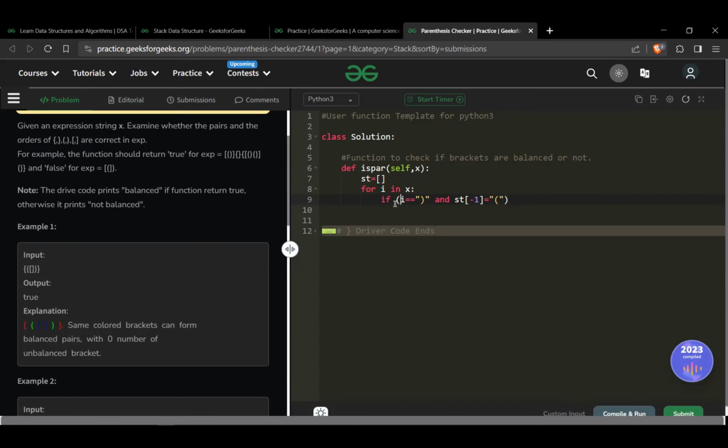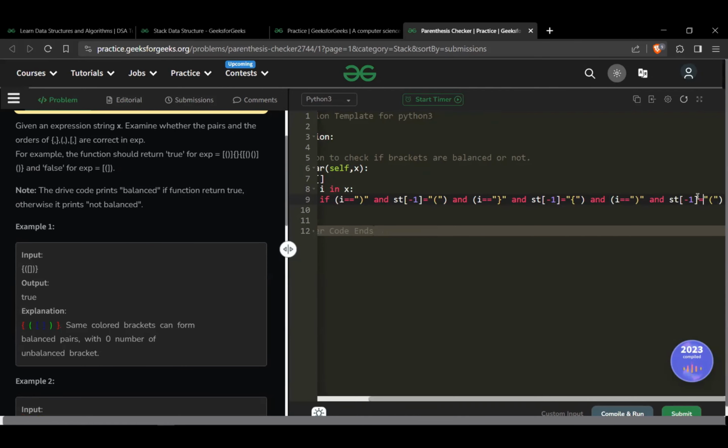This is one pair, and I will use this pair for other kinds of symbols, like whether the stack top is this one and the input is this one, and whether the stack top is this parenthesis and the current input symbol is this one.